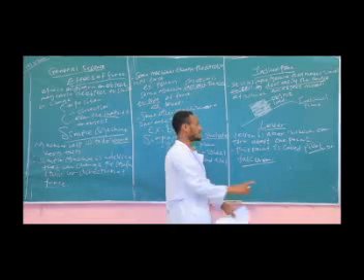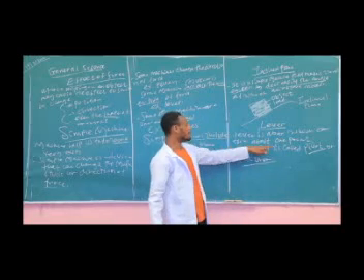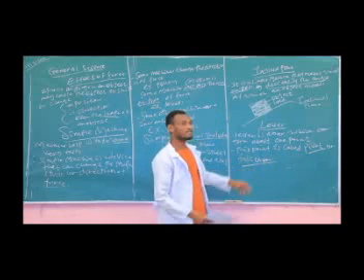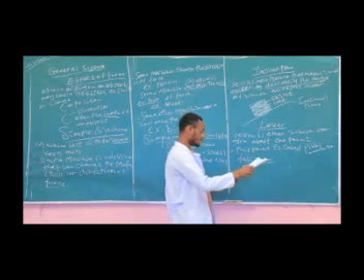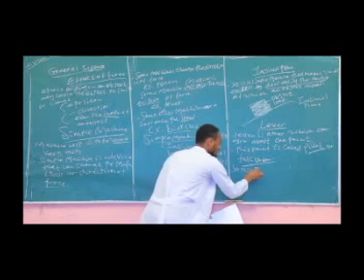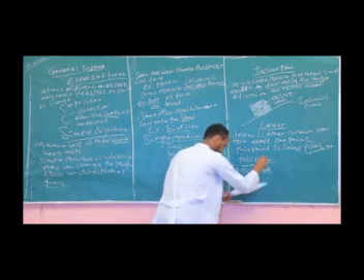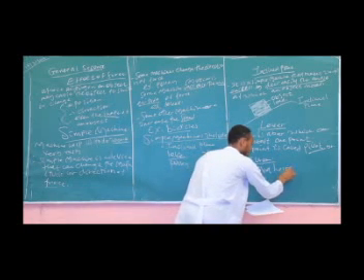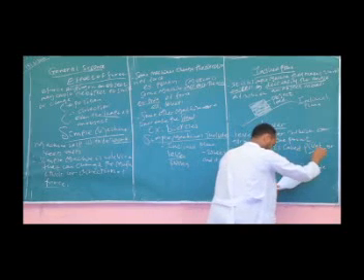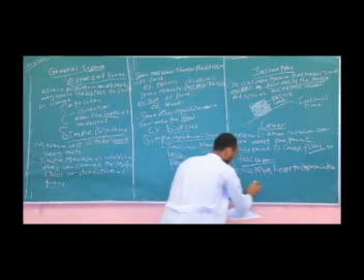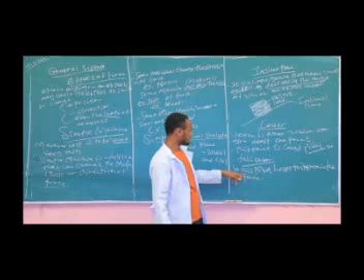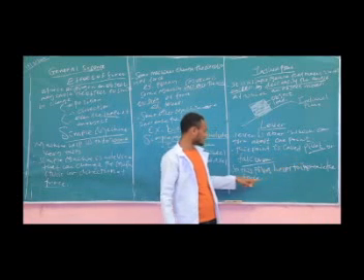So the lever is a bar which can turn about one point. This point is called the pivot or the fulcrum. Good. So these pivots help us to increase the force. Look, students, these pivots help to increase the force.